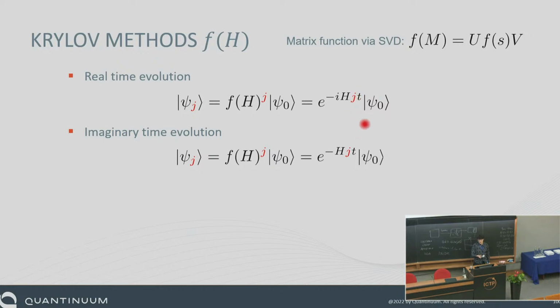And imaginary time evolution, if you're not familiar with it, I've done a lot of work in both these areas. It's essentially a way to propagate to the ground state, a quantum way of doing optimization. If you propagate in imaginary time far enough, you'll only end up with the ground state.